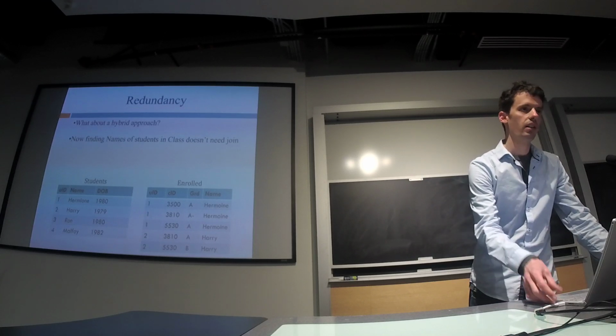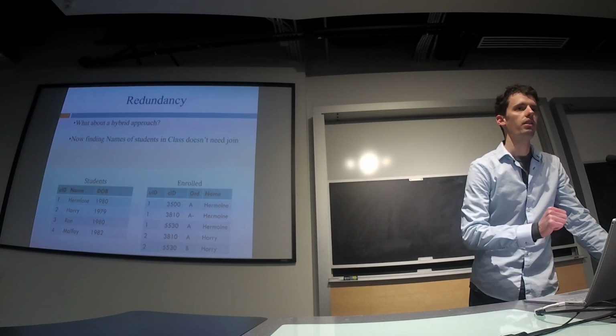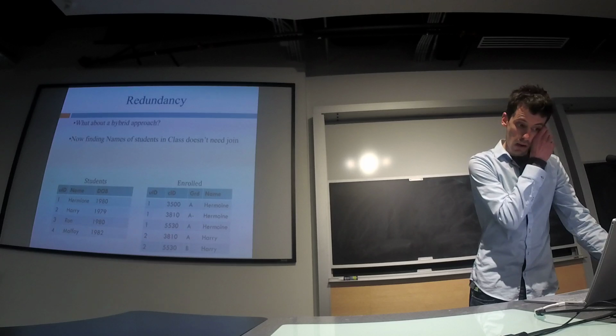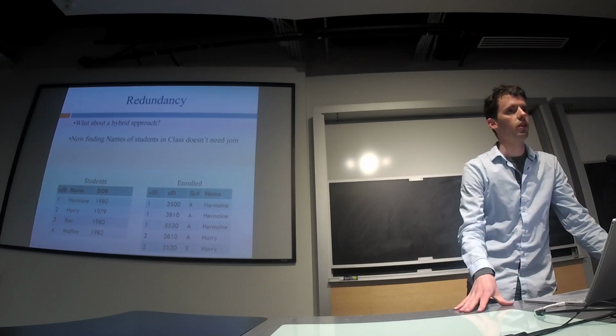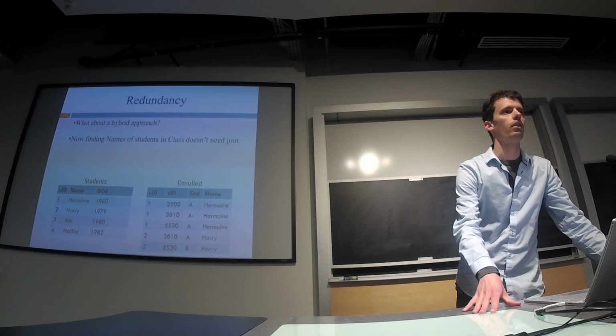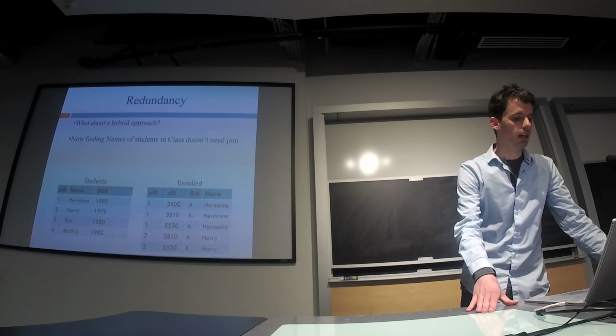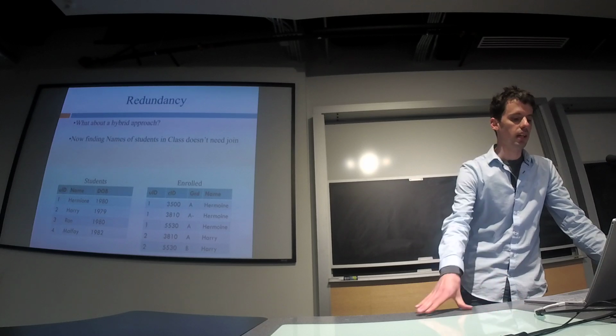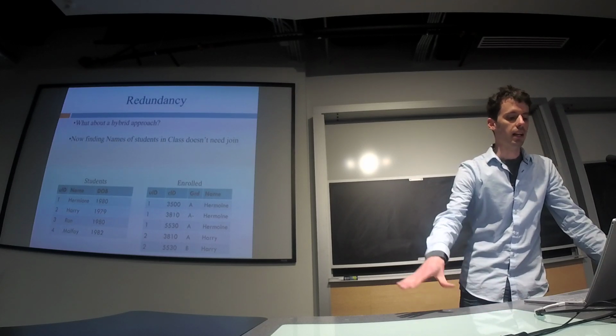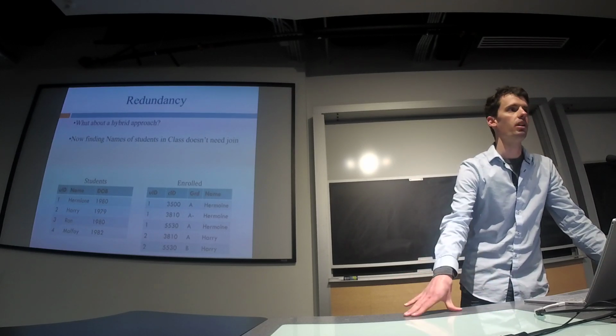So this is back to an LMS instead of a library. This is a modified version of what I've been showing, and hopefully this is not the way you've designed your tables. I have students and enrolled, but I've added name. I've copied name into enrolled.